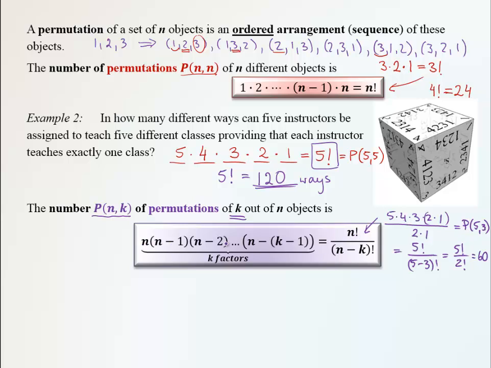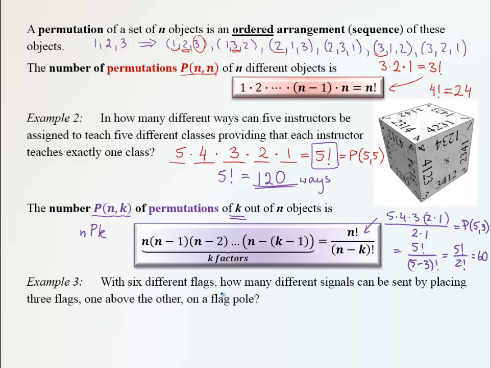Generally, if we list the product from 1 to n and then divide by the number of permutations of those elements that are not taken, and the number of not taken elements is n minus k, then we obtain all the possible ways of permuting the k objects out of n possible objects. Notice that your calculator will have different notation. The P(n,k) is actually recorded as nPk, which means permutations of k objects out of n.